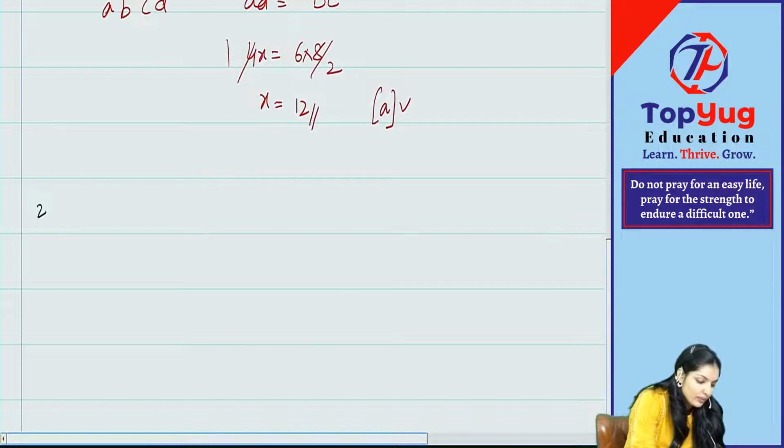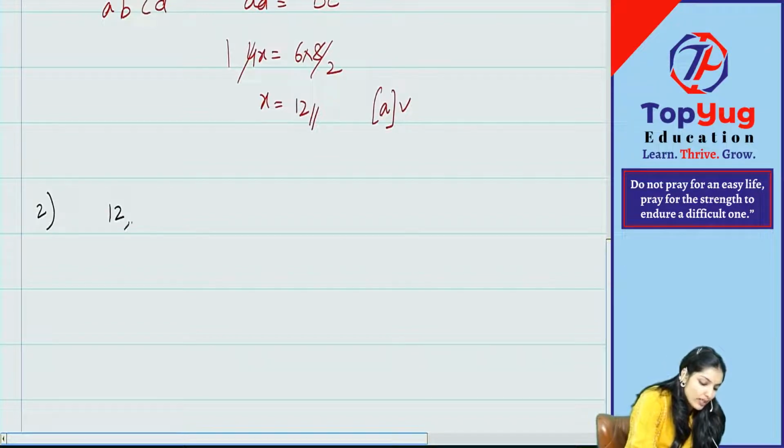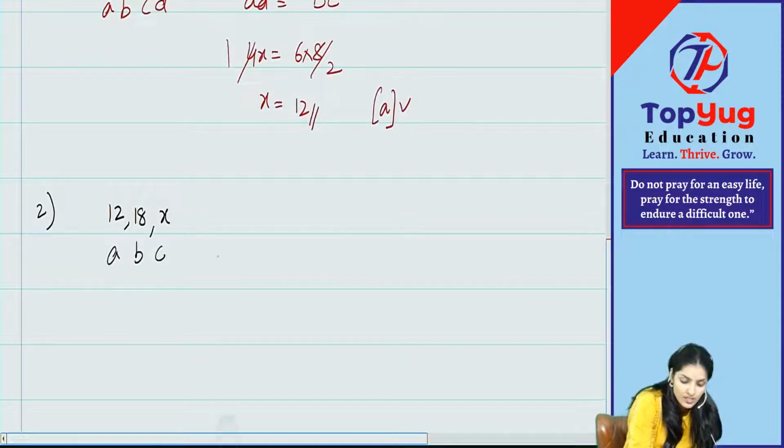Now next, second one. The third proportion to 12, 18. So 12, 18, x. We know third proportion means A, B, C, so B square is equal to AC. 18 square is equal to 12 into x.